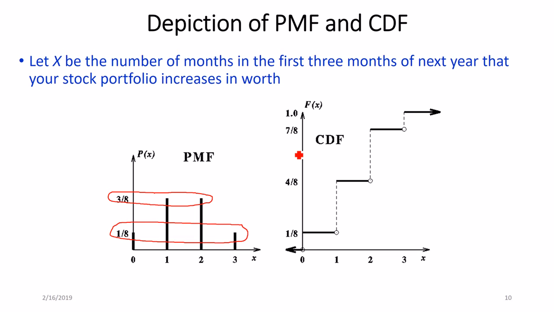For example, in month 0, we have 1/8, which is simply the probability in month 0 in the PMF function.